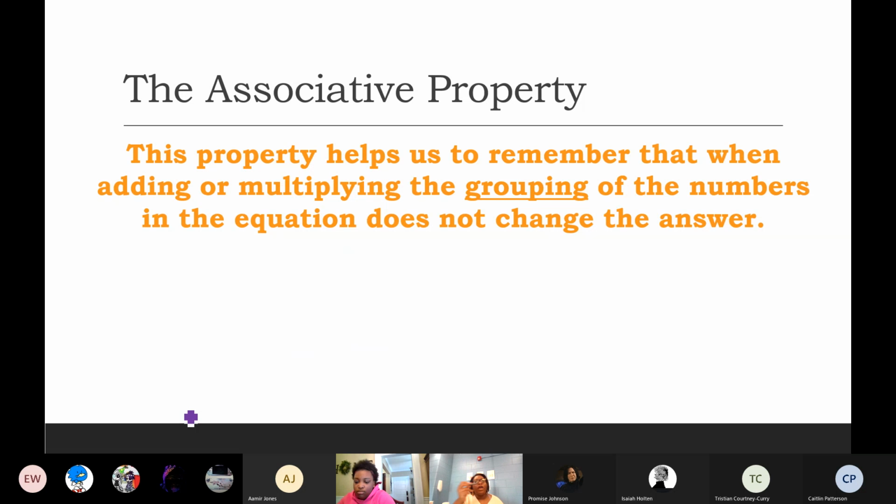The associative property also deals with adding and multiplying, and this talks about the grouping of the numbers in an equation.